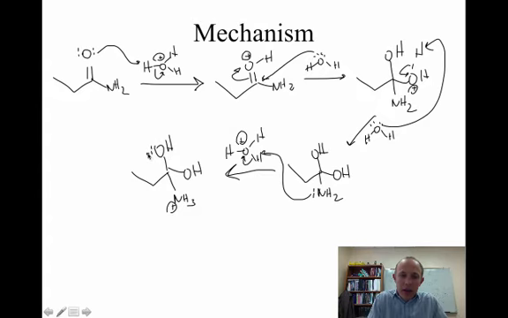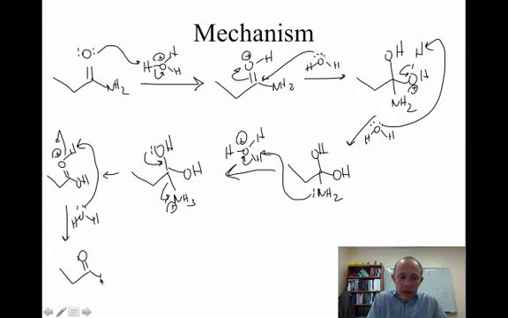Now what can happen is we can reform our carbon-oxygen double bond and our ammonia can leave, which gives us a protonated carboxylic acid. Remember, the solvent is always going to accept the proton, so we transfer that proton to our solvent molecule, which gives us our carboxylic acid.